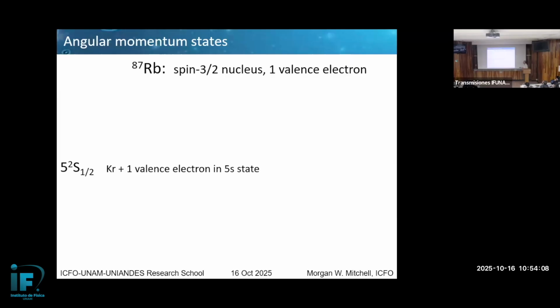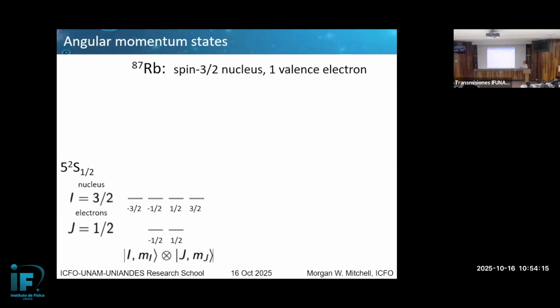The inner shell electrons are in a krypton configuration, and then there's the one valence electron. So looking at just the spin parts of this, the nuclear spin can take on 4 values. The electron spin can take on 2 values. And in the basis of nuclear and electron spins, you can have any of these times any of these. So you have 8 total.